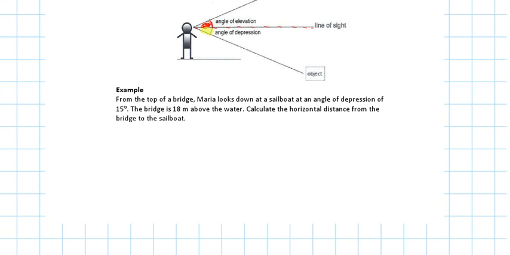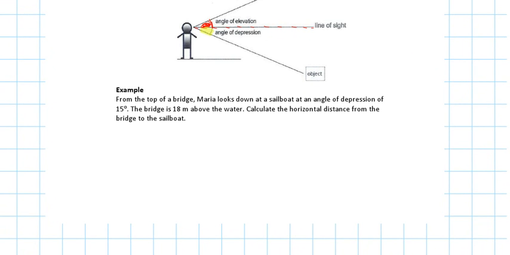Calculate the horizontal distance from the bridge to the sailboat. Let's reread the question.